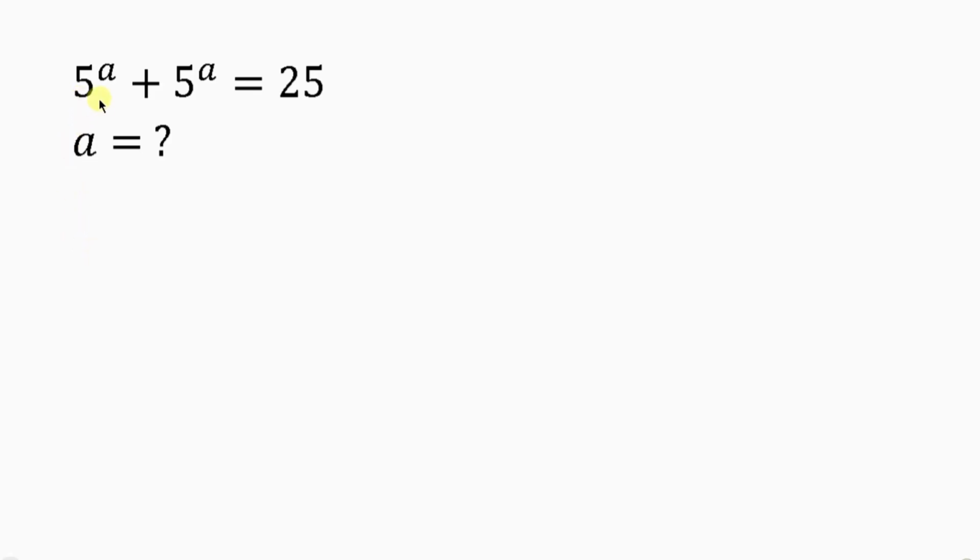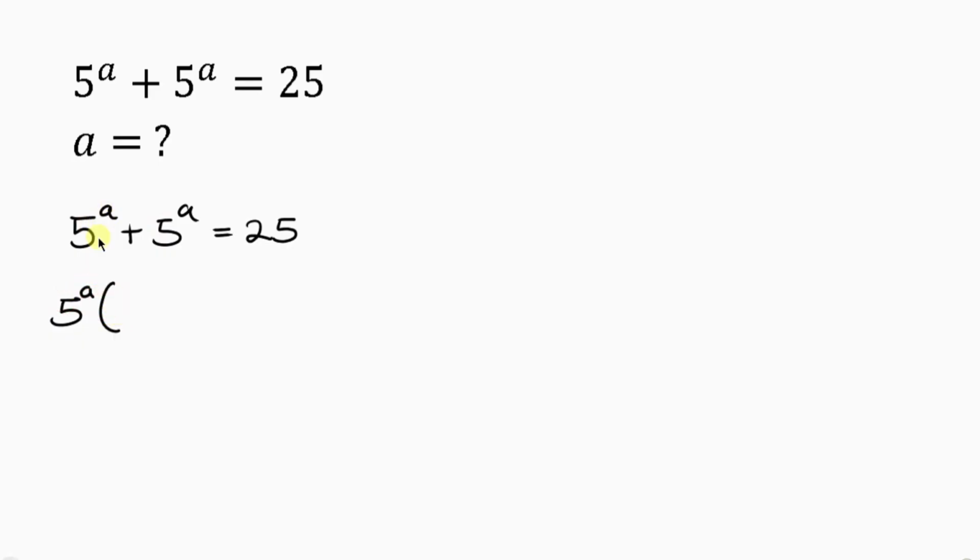We have this nice and beautiful question on the board that says 5 to the a plus 5 to the a is equal to 25, and we're told to look for the value of a. Now notice that 5 to the power of a is common, so we can factor out 5 to the power of a, open brackets.